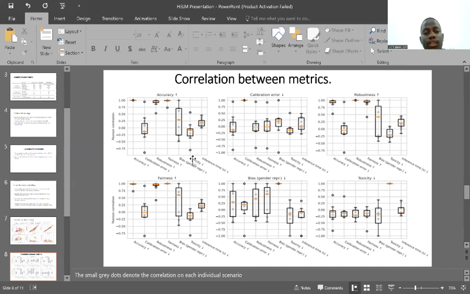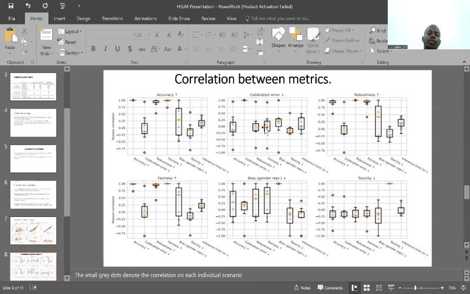So we have accuracy and toxicity. For all scenarios, our toxicity is in the negative direction, which means it has a low negative correlation. And then inference time, which is efficiency, has a very low positive correlation.